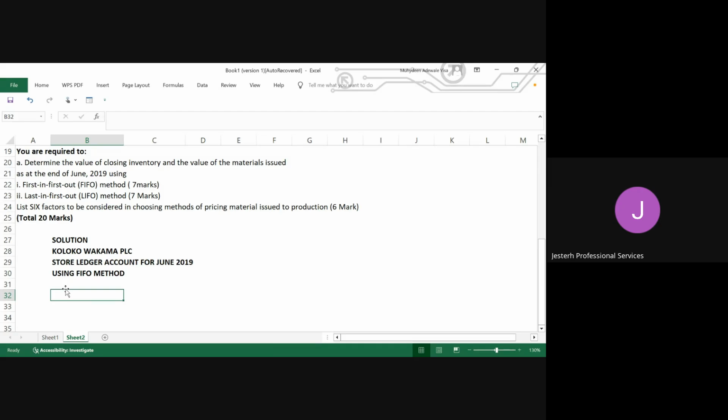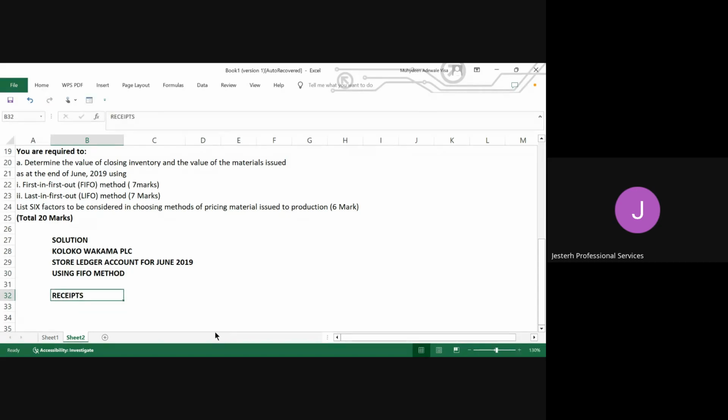Now, the first thing we need to do, what did they issue out, and then what did they receive? From what they received is where we are going to issue out each of the purchases. Now, the first thing that you need to come up with is receipts.